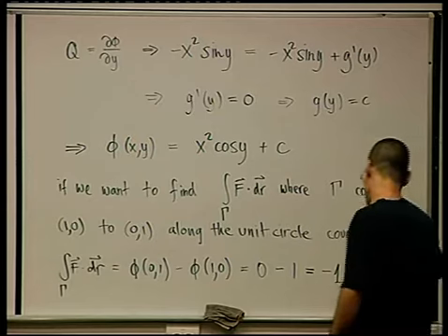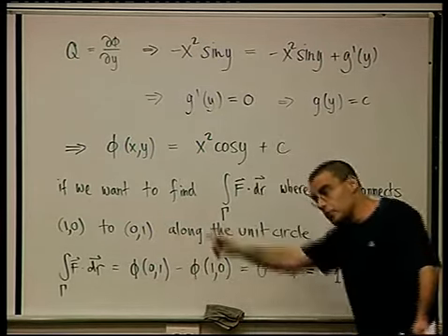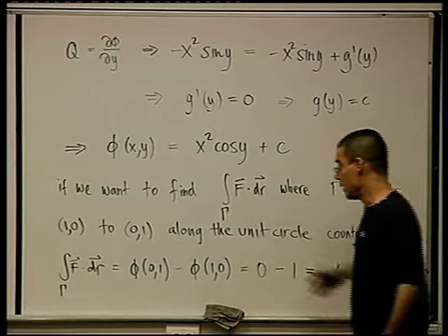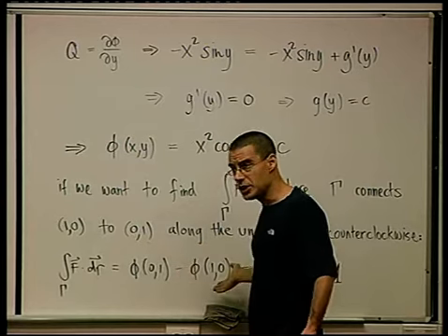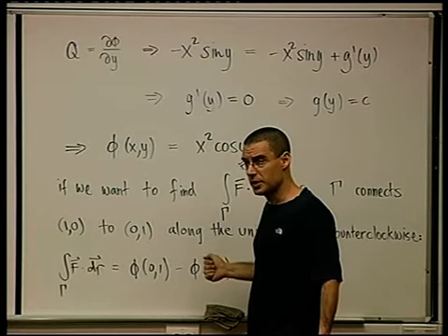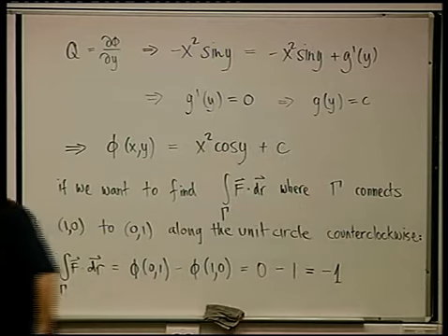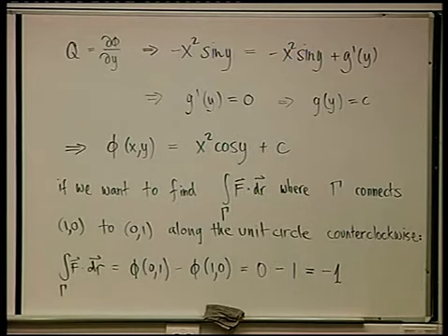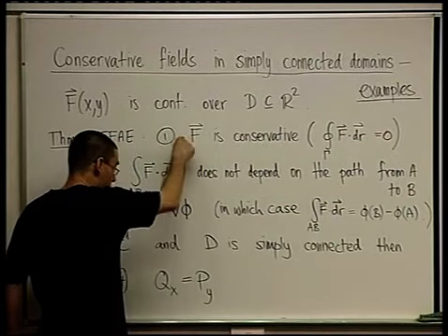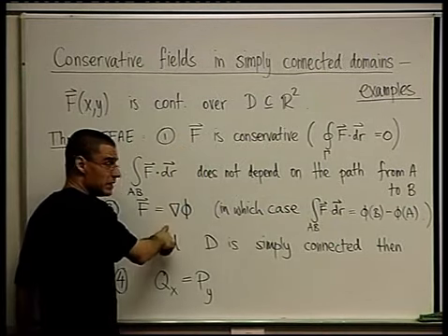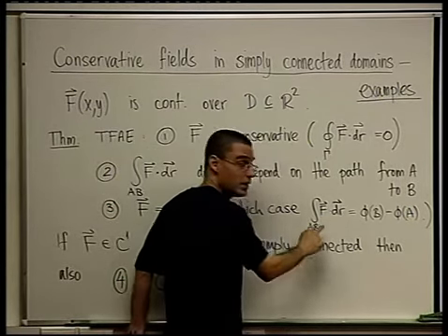Right. If it was clockwise, in terms of the drawing, it would be going like this. But in terms of the calculation, it would make no difference, because the whole point, let's go back to the theorem, the whole point is, if it's conservative, then it's the gradient, in which case any line integral depends only on the endpoints.